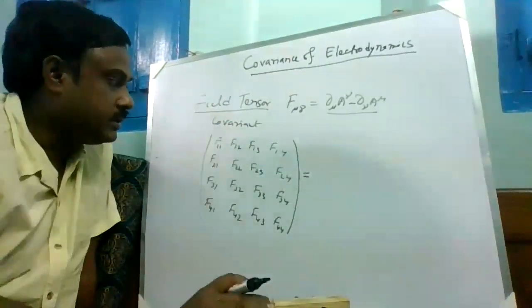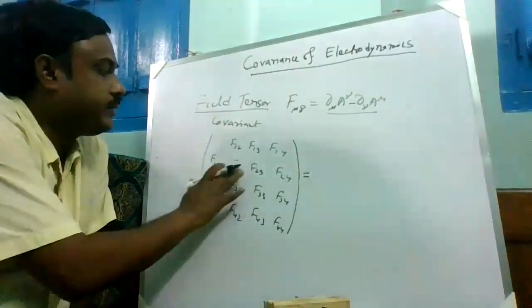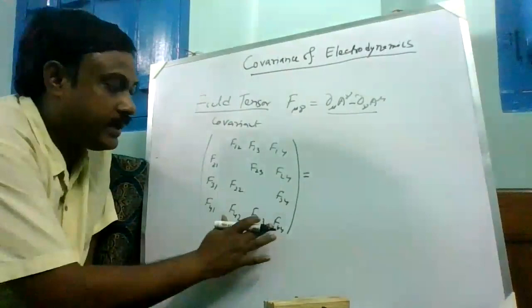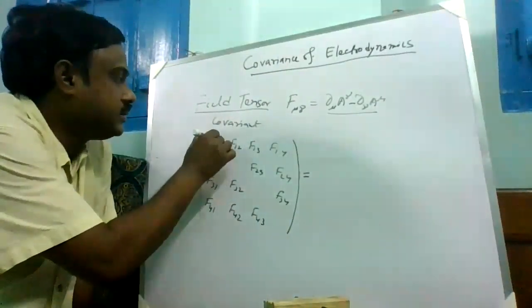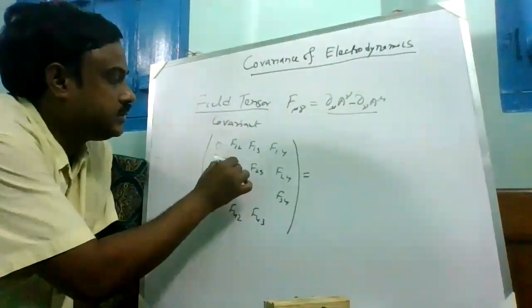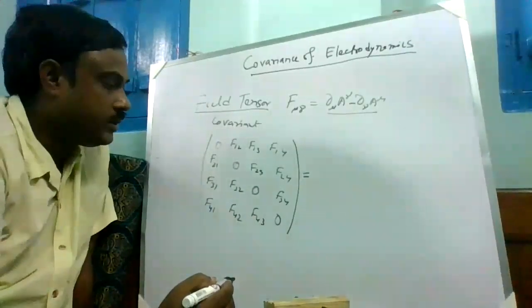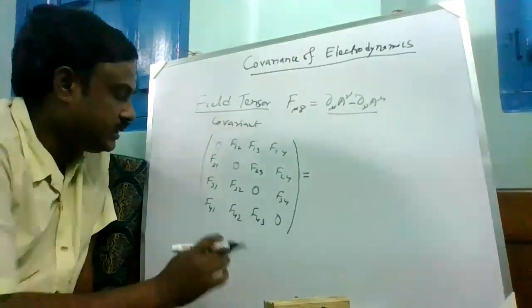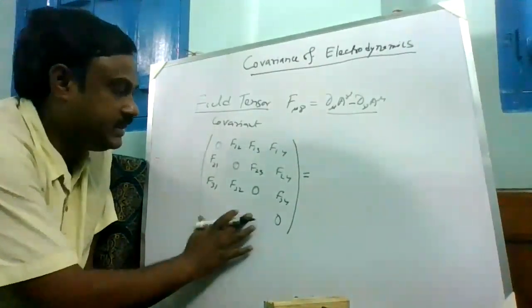Now, the diagonal elements F11, F22, F33 are 0. You have seen that these terms have been evaluated as Ex, Ey, Ez.